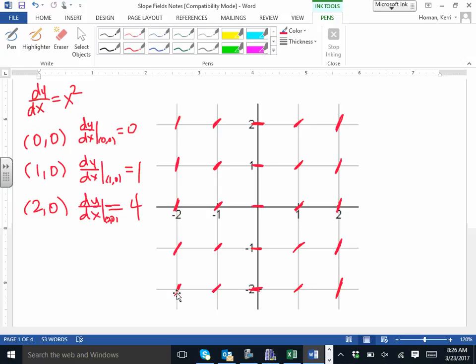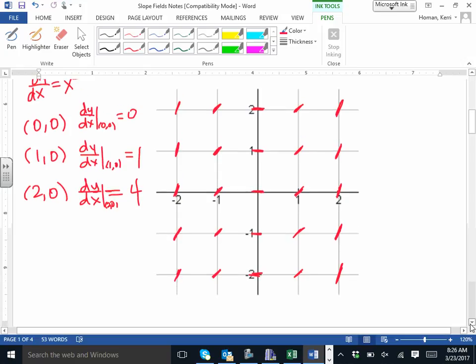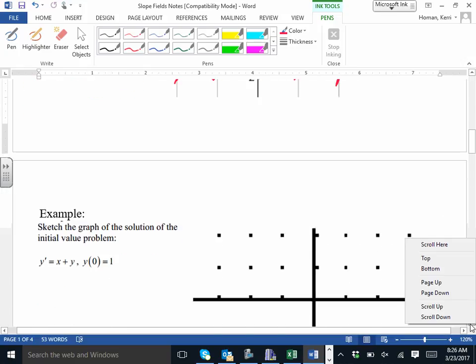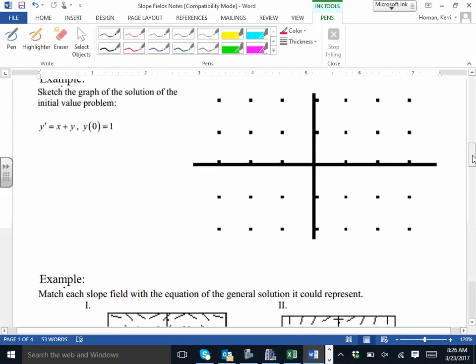Okay, let's look at another one that has x and y. So next page. Okay, the first thing we need to do is graph all of the tangent lines for this coordinate plane right here.